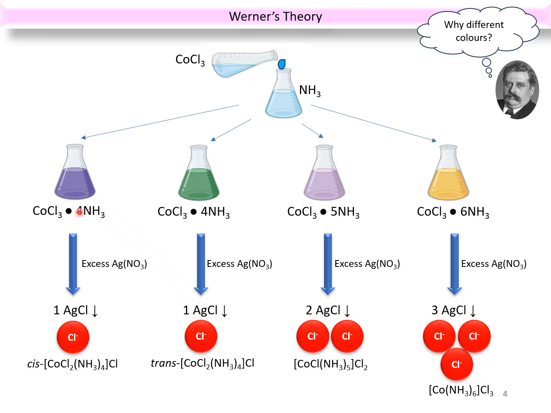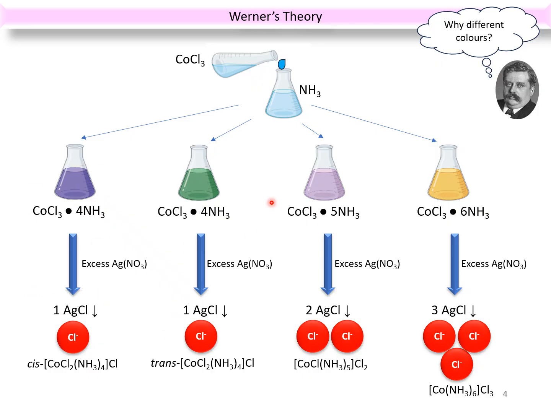The violet solution is no longer cobalt trichloride tetraammonia, and no longer cobalt trichloride pentaammonia for the purple solution, or cobalt trichloride hexaammonia for yellow. Instead, their names have been changed according to the observation of white precipitate.